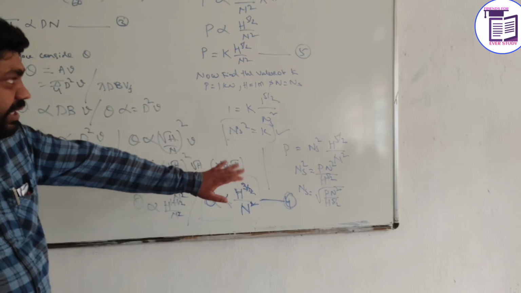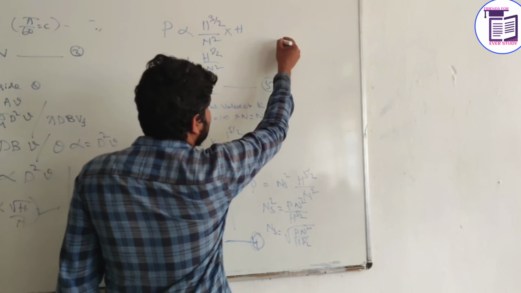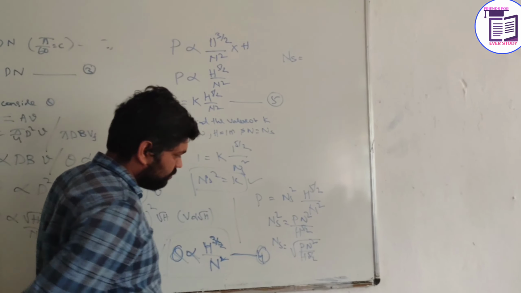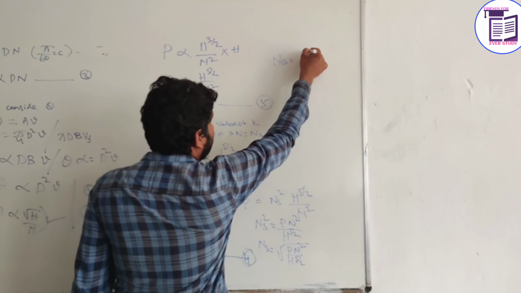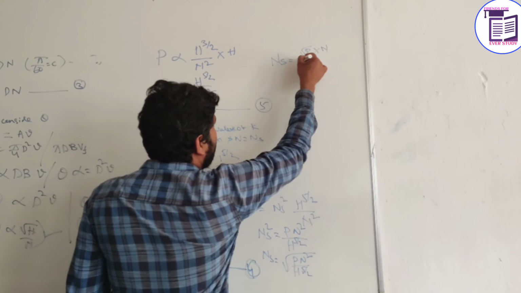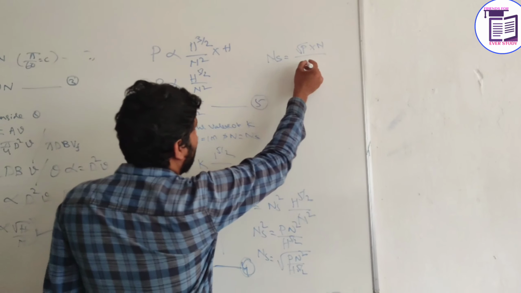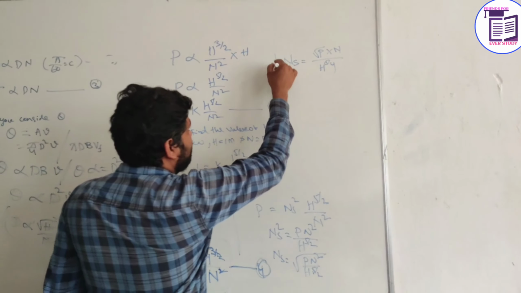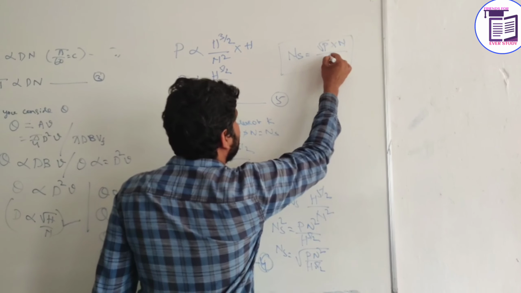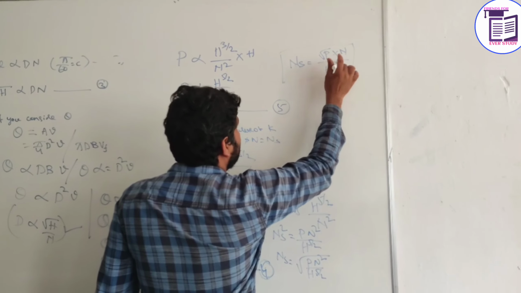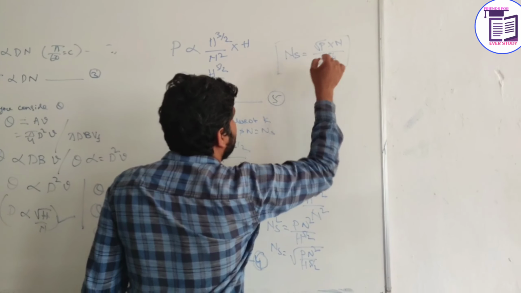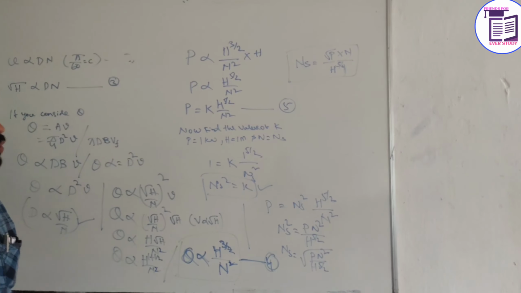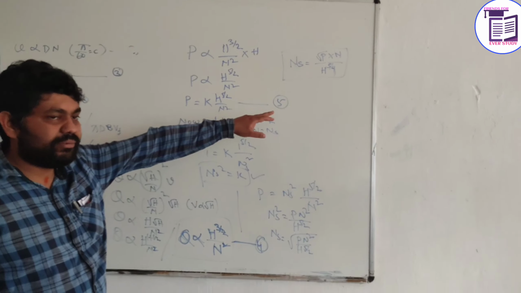To simplify, ns is equal to root over of P into n, removing the root, h to the power 5 by 2 into 1 by 2, we can write h to the power 5 by 4. The last relation is ns is equal to root over P into n by h to the power 5 by 4.